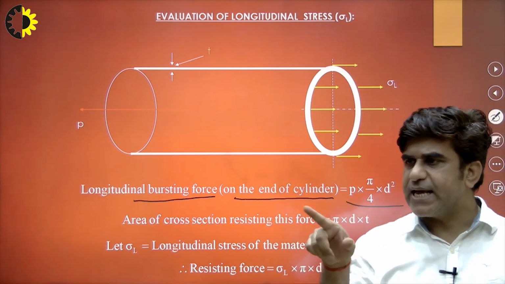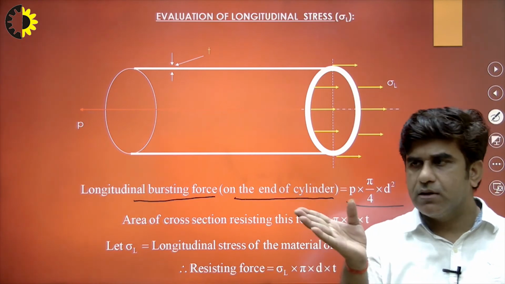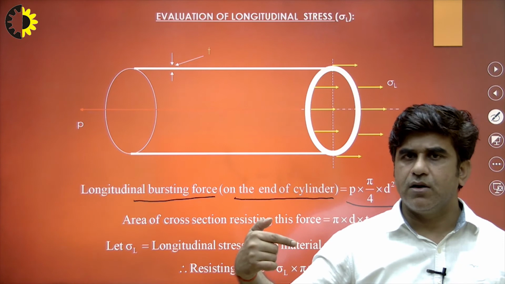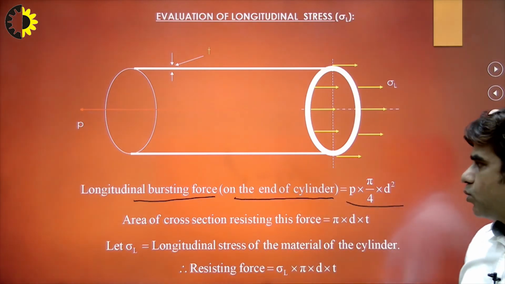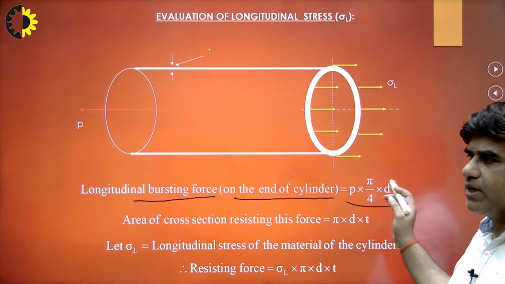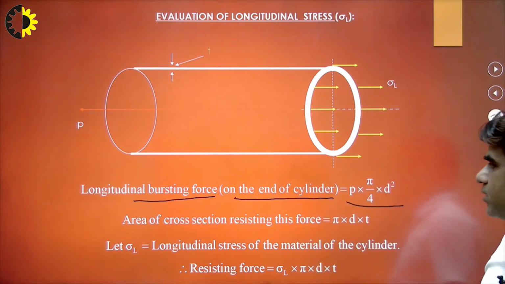So what is the force exerted by this pressure? That is P into the area of the circle. What is the area of the circle? Pi by 4 d square, where d is the diameter, because the ends are closed.